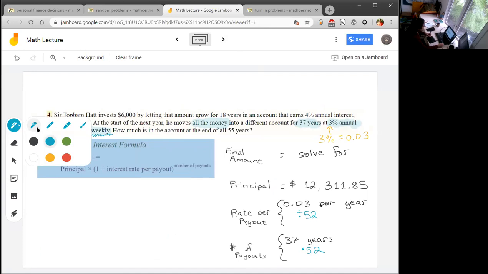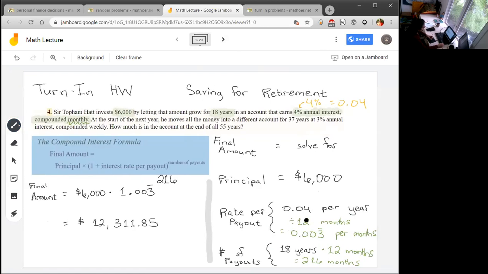And this one might seem a little less natural because we're used to, in real life, getting a monthly letter from the bank with our bank statement. So saying that we're sharing the 4% with a little bit of that interest happening each month makes sense to us. And saying how many times does he get something in the mailbox, 18 times 12, because each year he gets 12 of them, that makes sense.